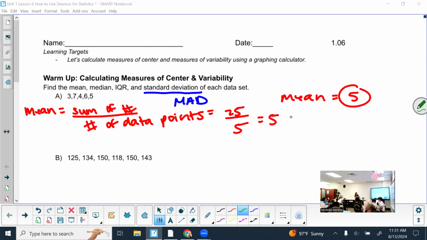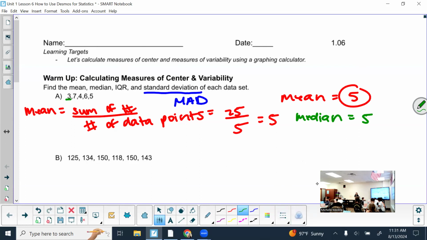5. It is 5. Anyone think it is, or at least thought it was 4? Okay, if you thought it was 4, you made a really common mistake, which is you just went left, right, until you got a middle without putting the numbers in order first.